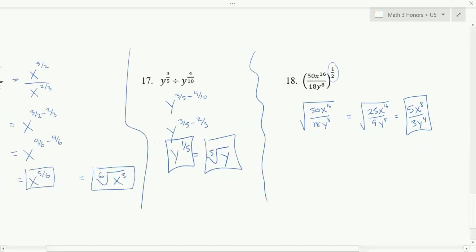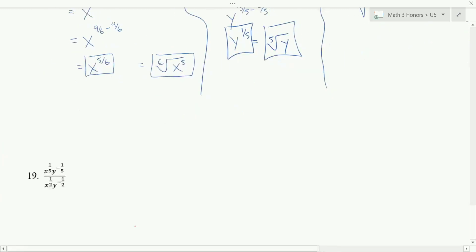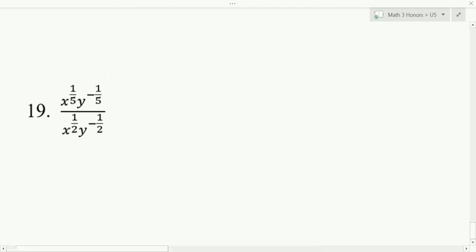We've got one last problem here. X to the 1/5 times y to the negative 1/5 over x to the 1/2 times y to the negative 1/2.